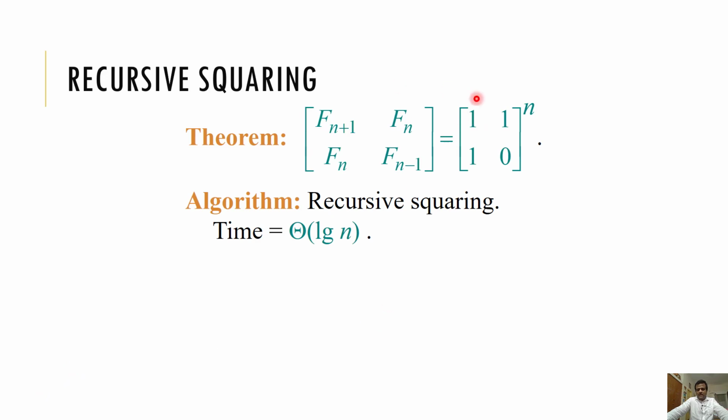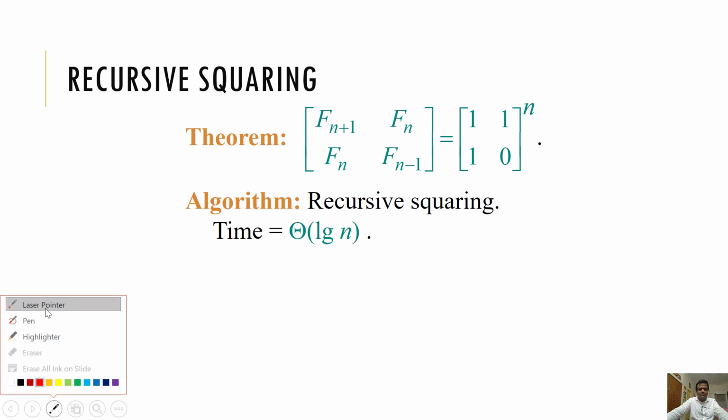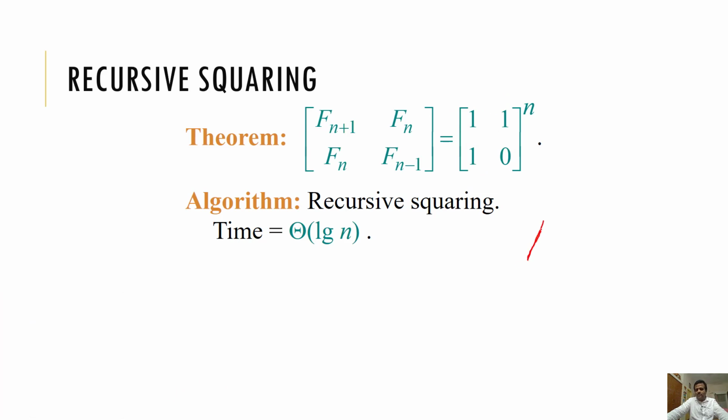If we have this theorem, then we can have an algorithm, because to find f n, we need to calculate this matrix to the power n. So, A is this 2 by 2 matrix, and we need A to the power n.